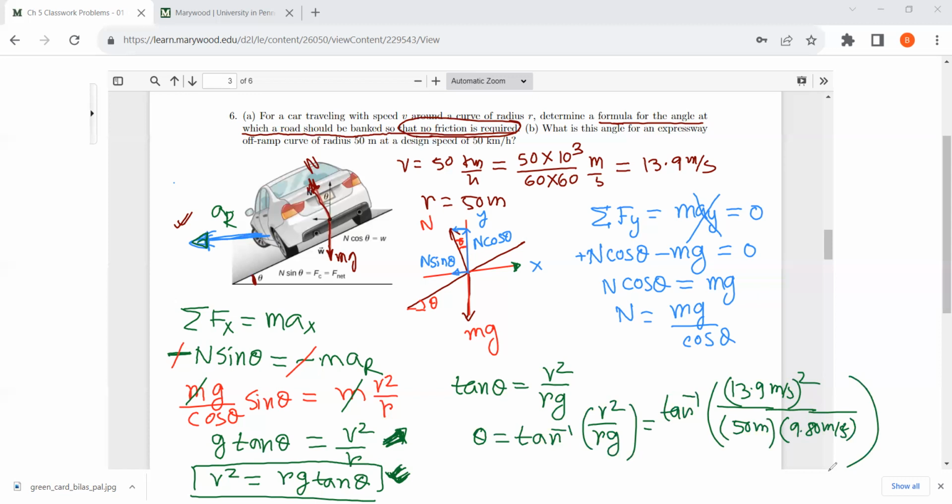So what I get is theta equal to 21.5 degrees. If you plug this value in your calculator correctly, you should get the angle theta for this problem equal to 21.5 degrees. So a lot of information I used here, so make sure you understand all.